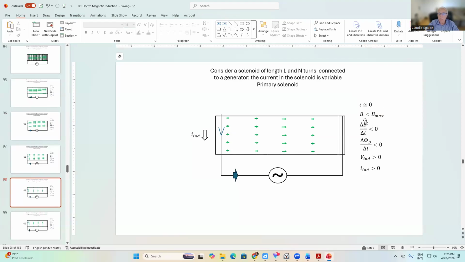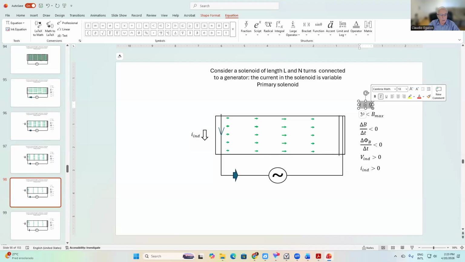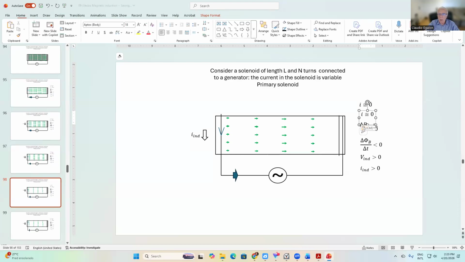And if the current is about to become zero, so is the B about to become zero as well.